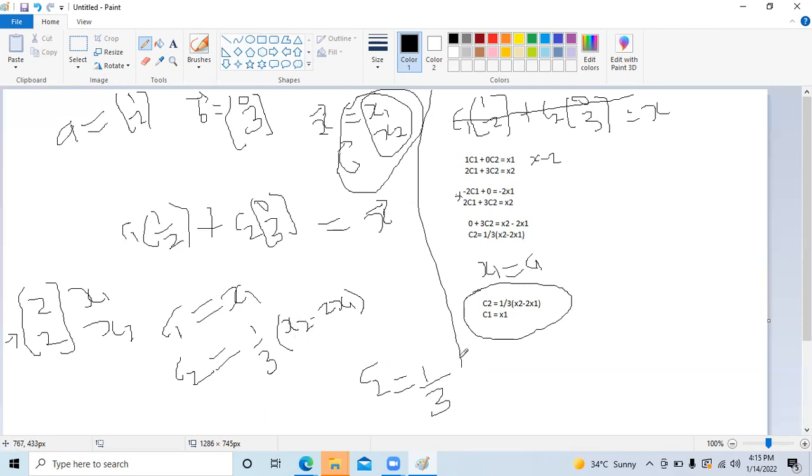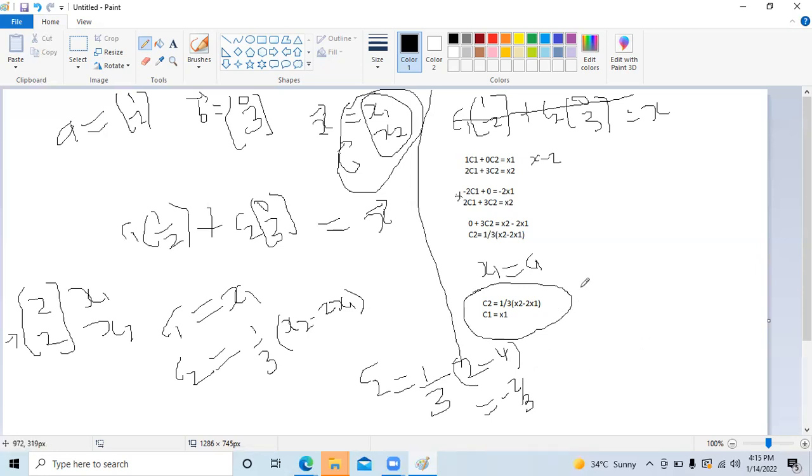Now we want to get C2, equals 1 over 3. X2 is 2, so that's 2 minus 2 times 2, minus 4. 2 minus 4, right? So C2 equals minus 2 over 3, right?